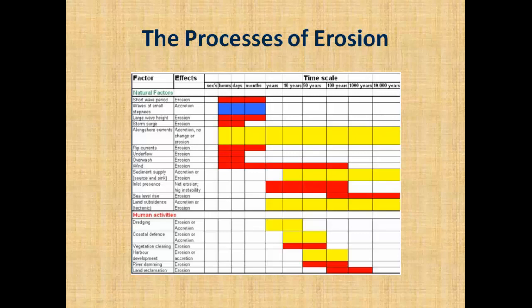Vegetation clearing causes a low energy environment to change to a high energy environment, since the vegetation isn't there to slow down the erosion. So this reduces the sediment stability, and this also destroys the coastline within 5 to 10 years.